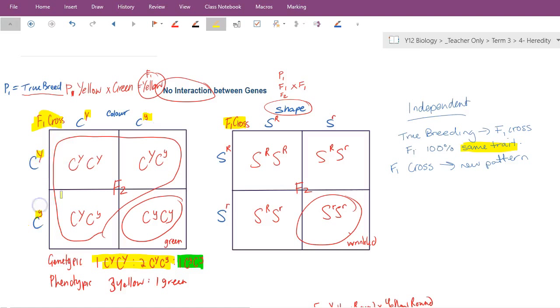And in the case of their shape, they had a dominant gene for round and a recessive gene for wrinkled. Of course, in the F1 generation, if all of them had those heterozygous genotypes, that meant that they were all, in this case, yellow and round.